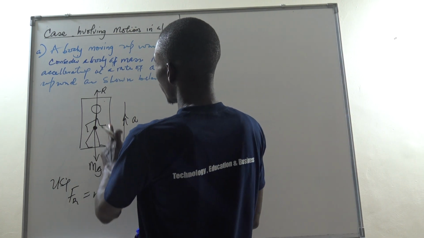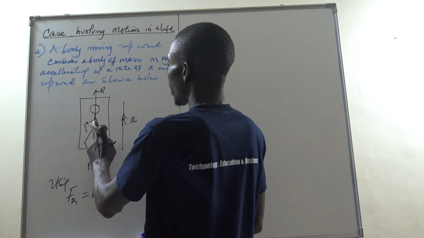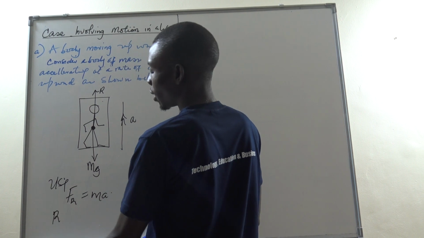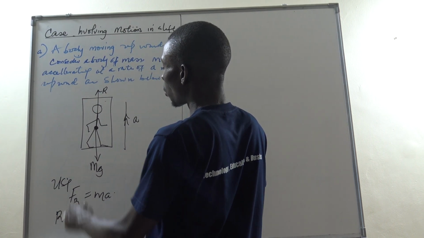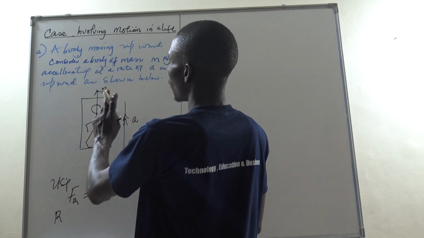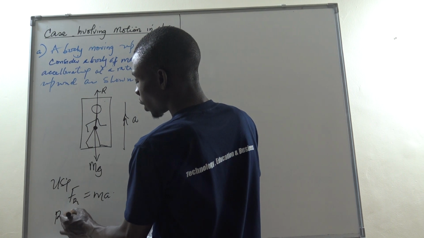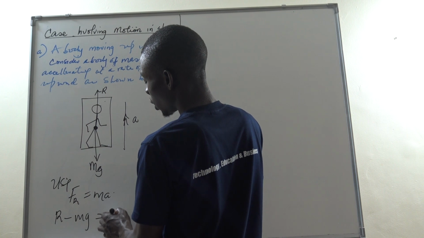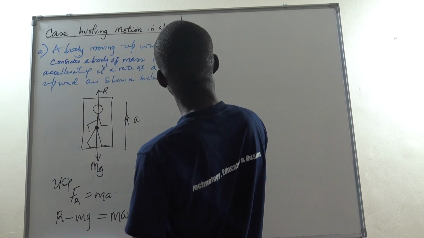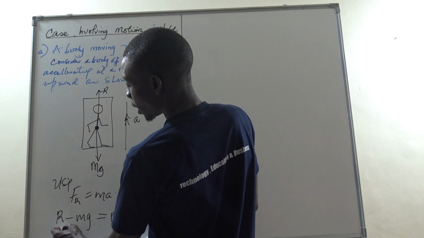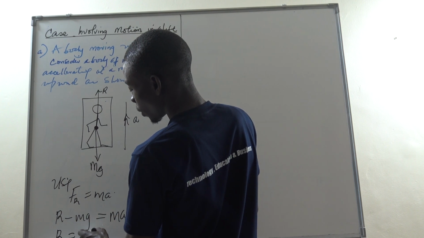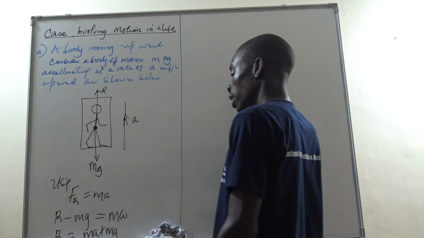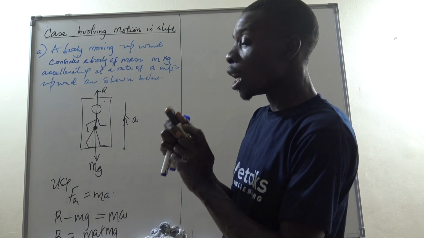If the body is moving up, the force in the direction of motion is the normal reaction R, minus the force opposing motion, which is the weight, as it's moving up and the weight is pulling down. So R minus mg equals ma, and from here we can say comfortably that R equals ma plus mg. That is the expression for normal reaction.